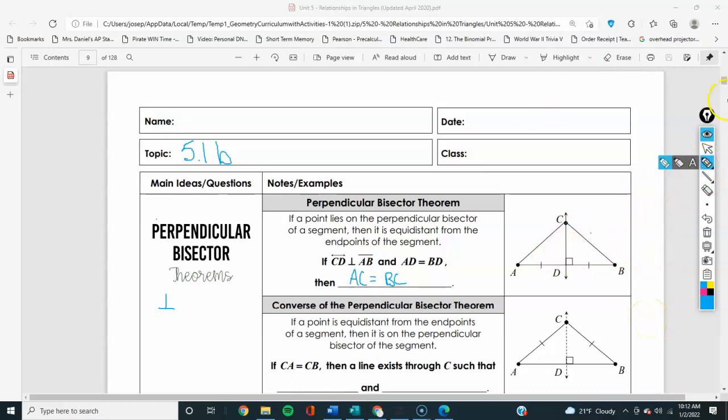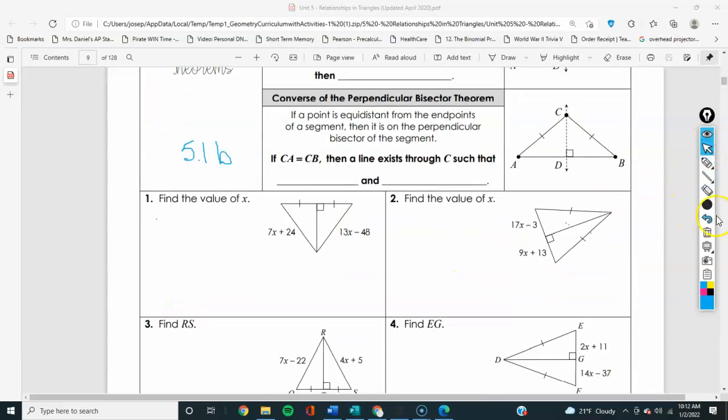Another one of our good old theorems. Would be the converse. The converse says if you draw a perpendicular line to AB and AC and CB are congruent. So if your roof is congruent, then the bottom part of this truss has to be congruent as well, and CD has to be perpendicular.